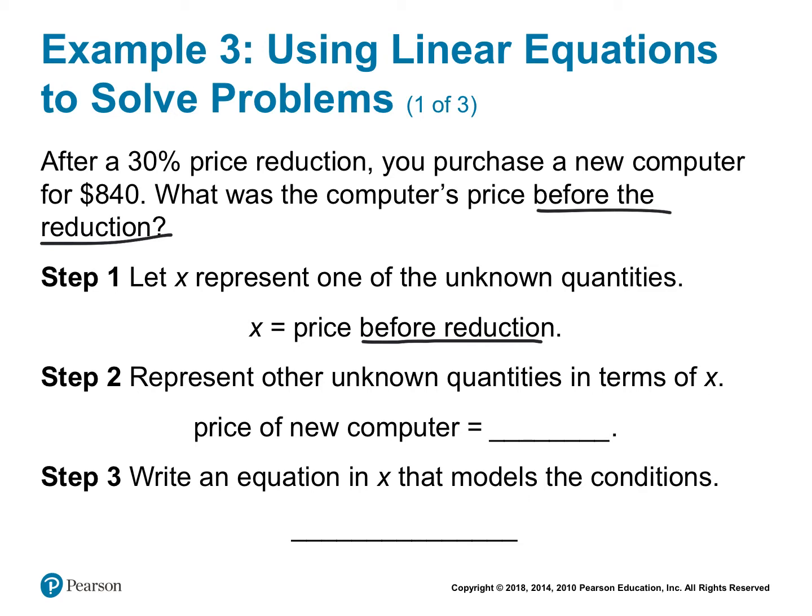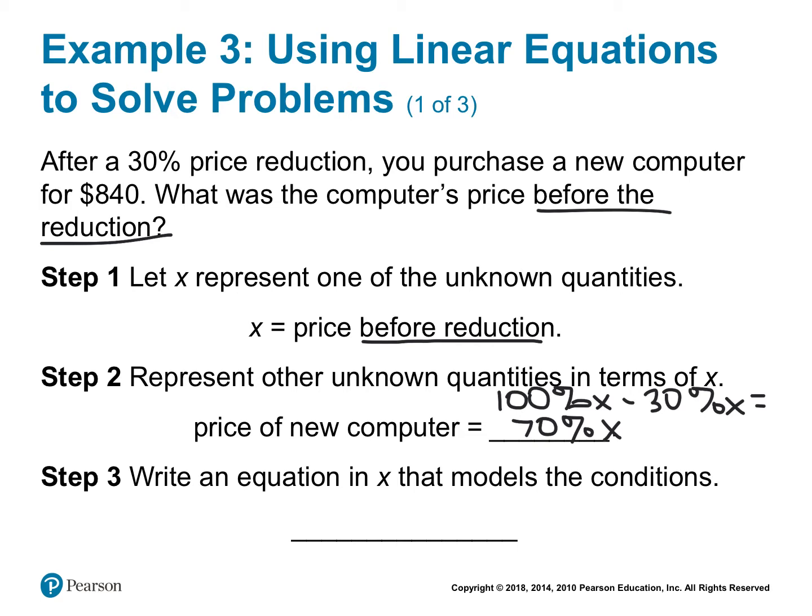So we want to know what the price of the new computer is. So that's going to be 100% of our amount minus our 30% discount. So really, we're trying to find when it will be 70% of the original amount. And you're going to realize that when we're dealing with percents, we're going to want to write these in terms of a decimal.